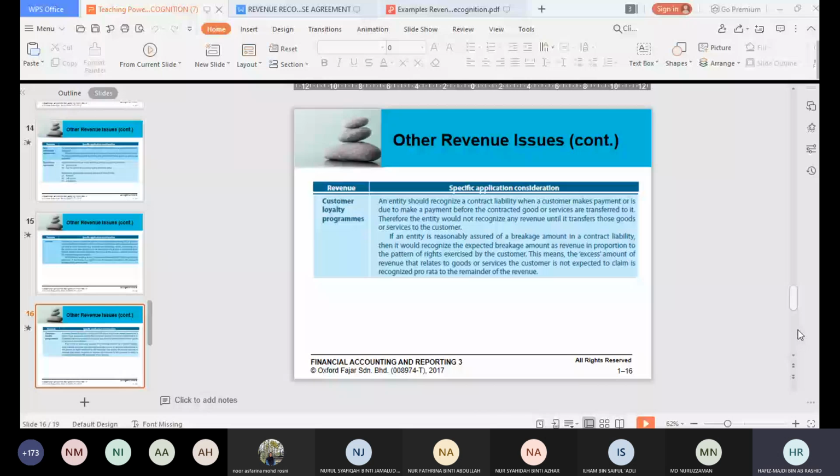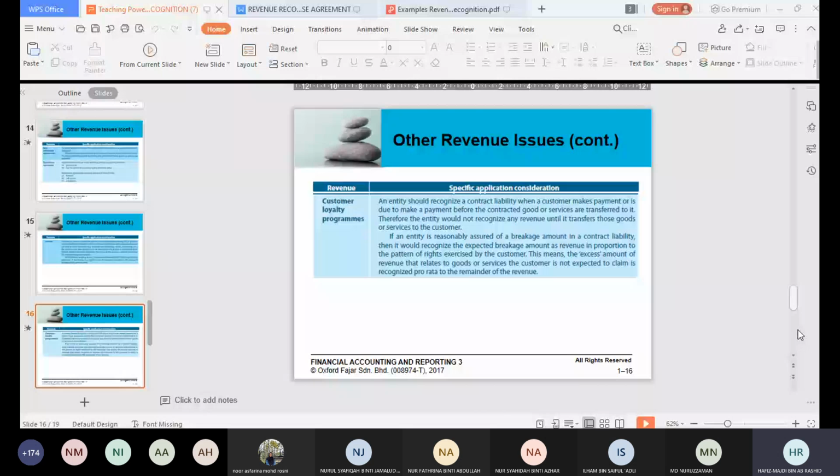Although you have three terms here, I can lump all these three categories together, as has been put into your slide, as an issue of material rights. Customer loyalty is also an issue of material rights.